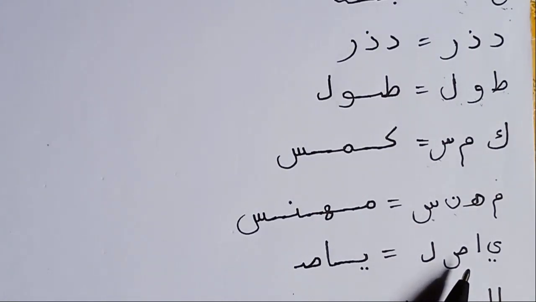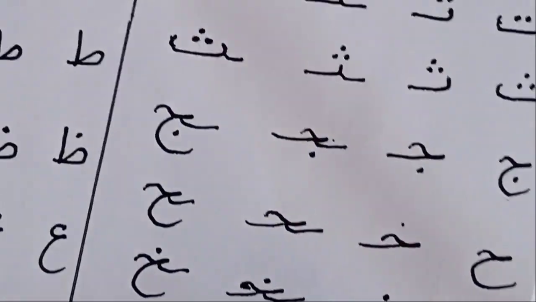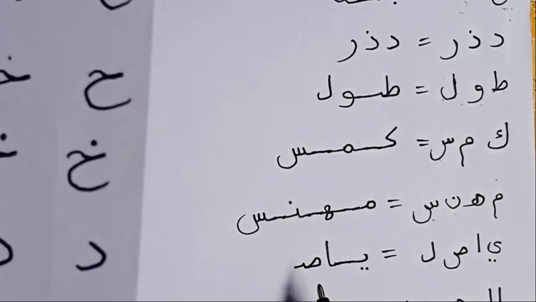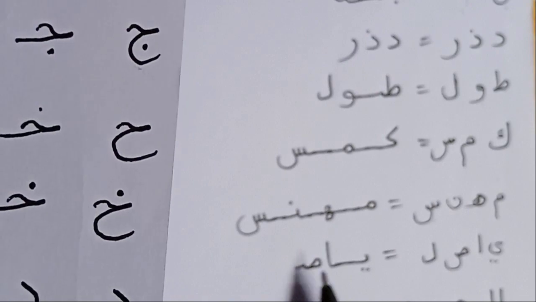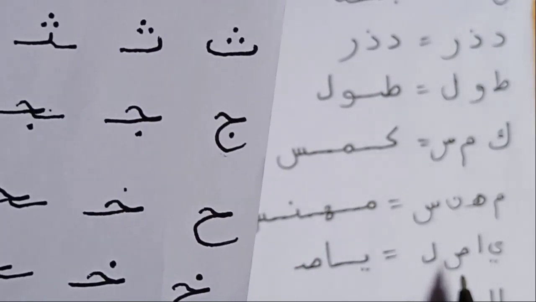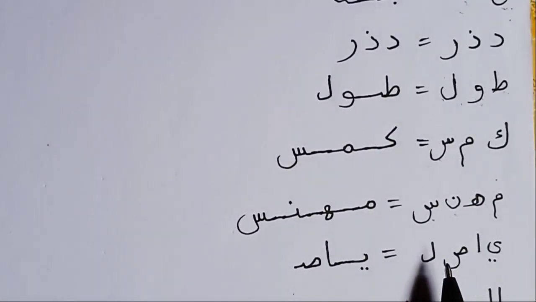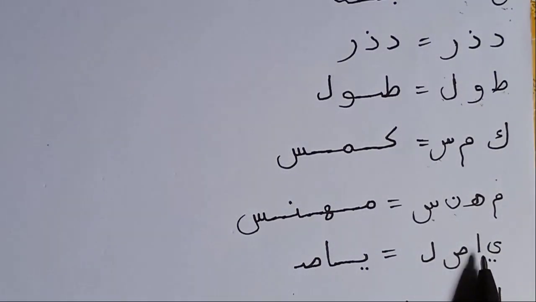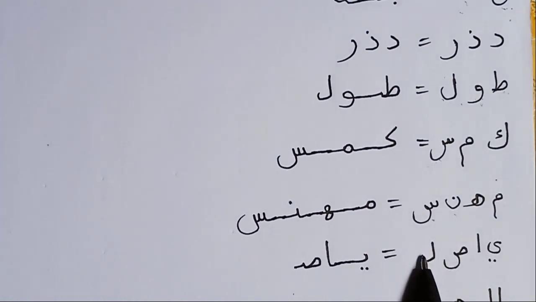But it will be joined with the lam. So we look for the sod that begins the word. We should be very careful here: not because the sod appears at the middle, then we will choose the sod at the middle of the word. We will consider how they follow each other in joining them. So as we said, as they precede each other, we determine the way we are going to join them.